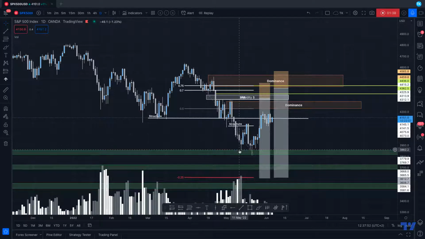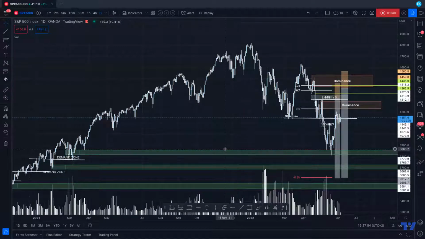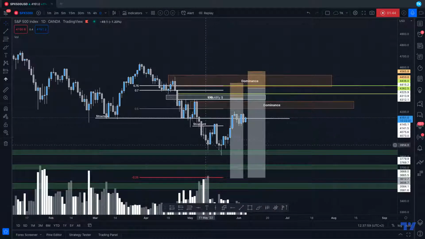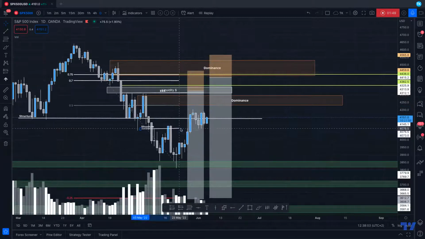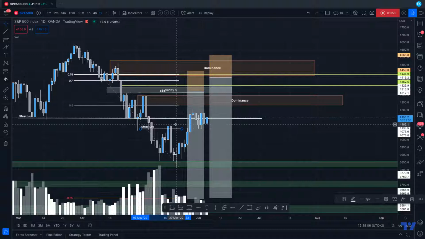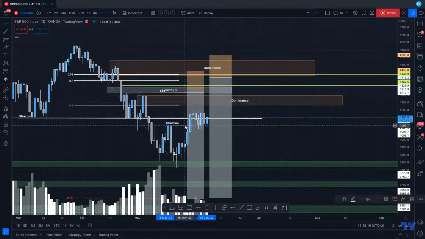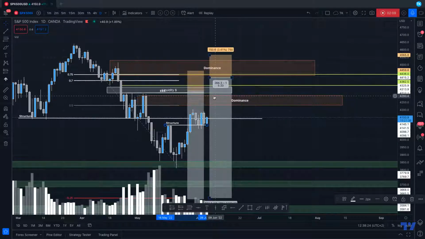Price reacted from the demand zones that I highlighted last week. It broke the nearest structure that price has, a fake breakout, retest of the same demand zone, and another break of the last structure, retested, and now it will probably go up.